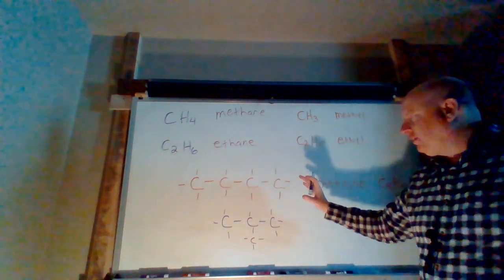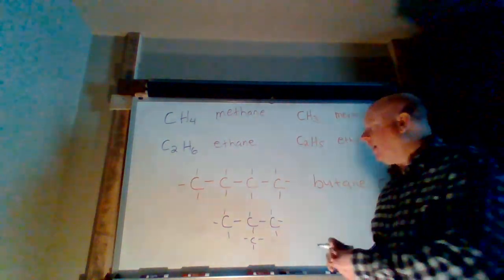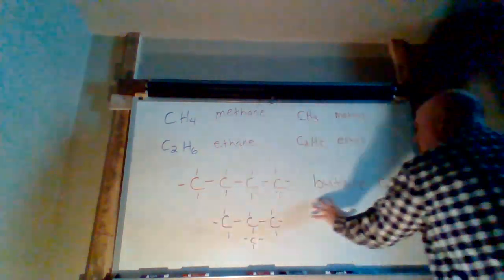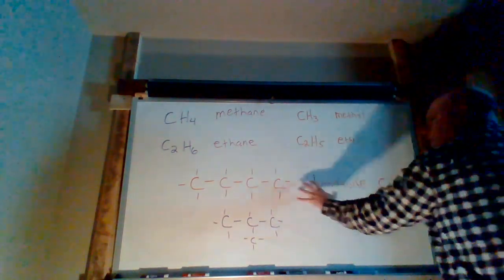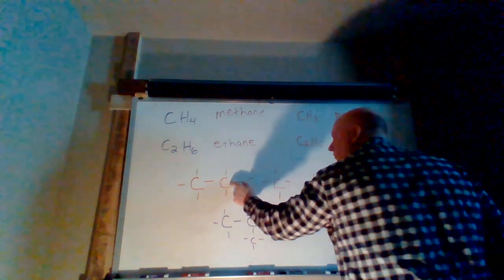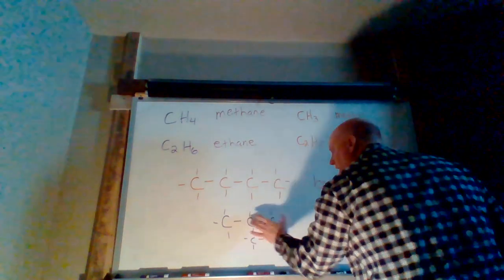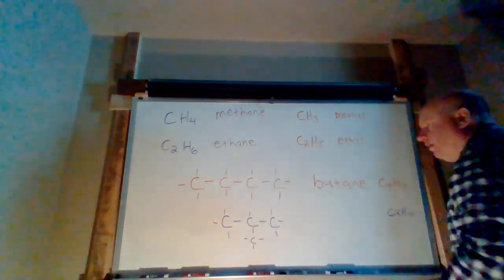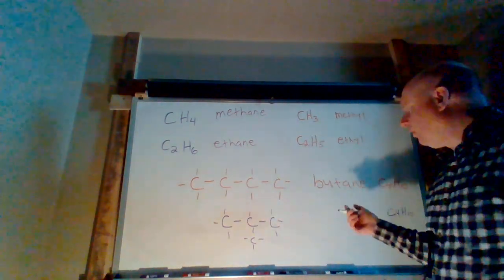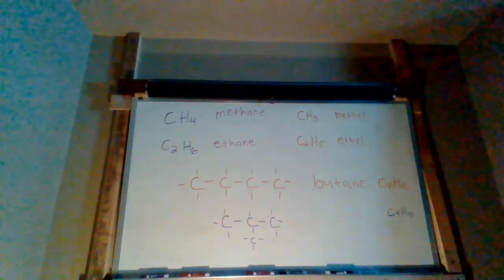The aspect that you want to do is always find your longest continuous chain. This is a straight chain, so it's pretty straightforward. 4 carbons, saturated, butane. The prefix is saying that there's 4 carbons. The longest continuous chain here is 3 then. You have 1, 2, and 3. So what is the prefix for an alkane that has 3 carbons in it?